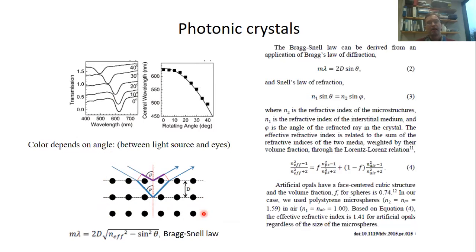Okay, and of course there is a reflection condition associated with this, which is the Bragg law. Okay, so for that reason, only under certain angles actually can we observe a diffracted or a reflected X-ray, which has a particular wavelength.